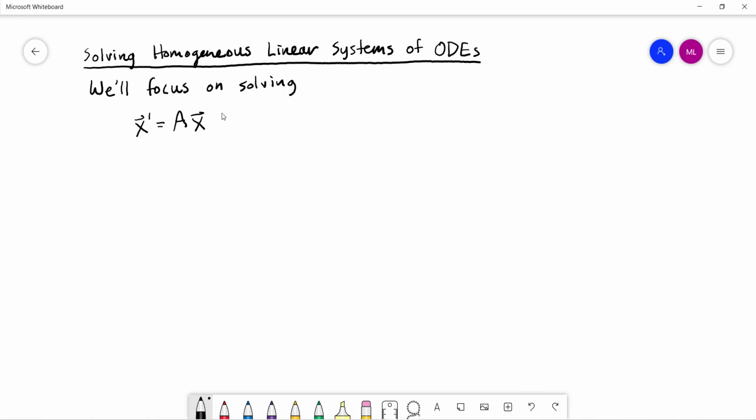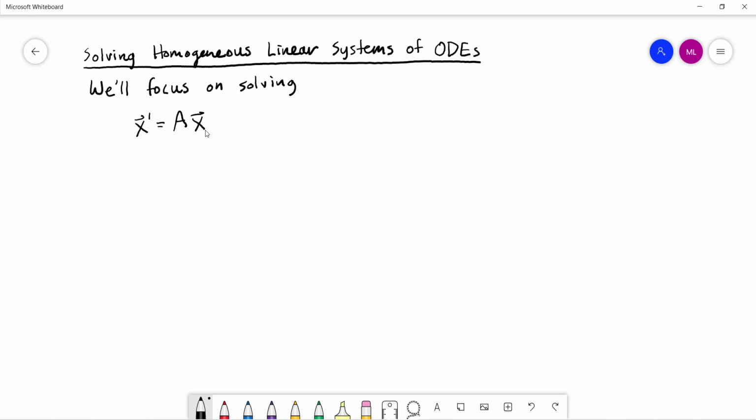So before we do this, to motivate what these solutions are going to look like, I want to think back to what it looked like if we were just trying to solve a single first order differential equation of this form. So instead of a vector x that contains a bunch of possible variables we're solving for, what if it's just one?